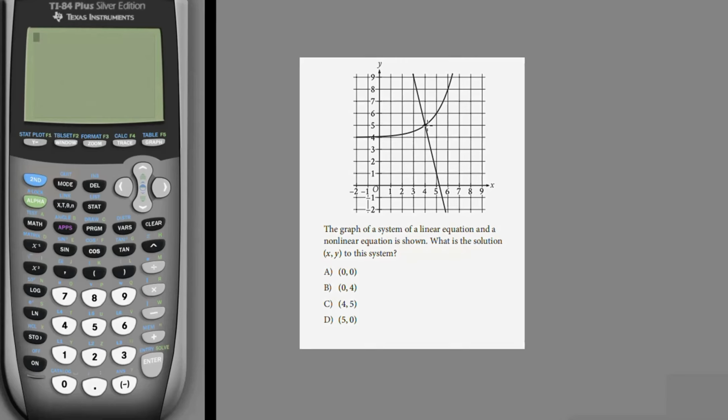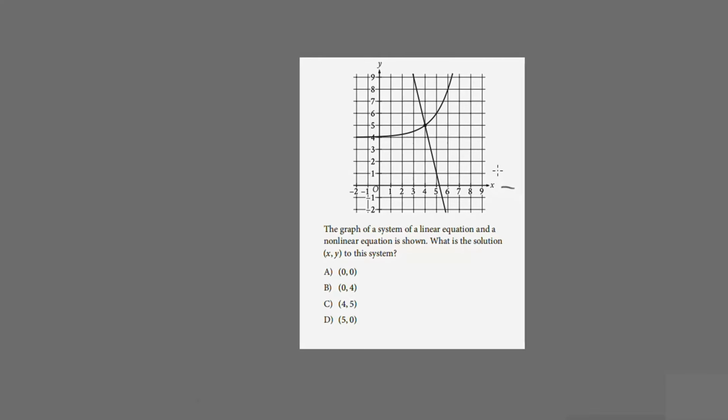When you trace it, remember the horizontal axis is the x-axis and this is the y-axis. At this point of intersection where x is 4, y is 5.